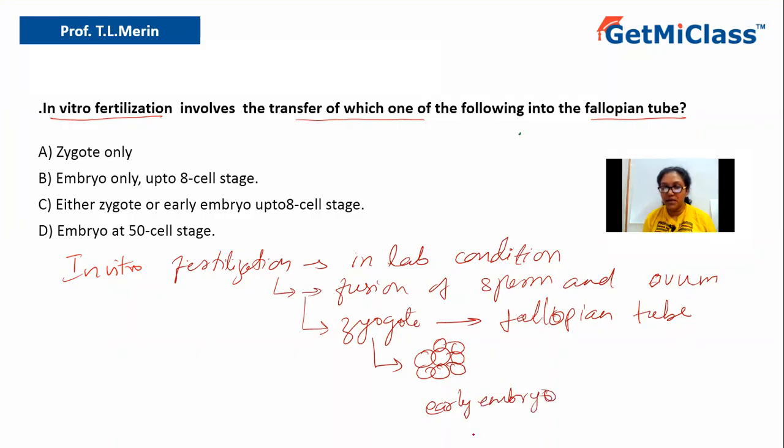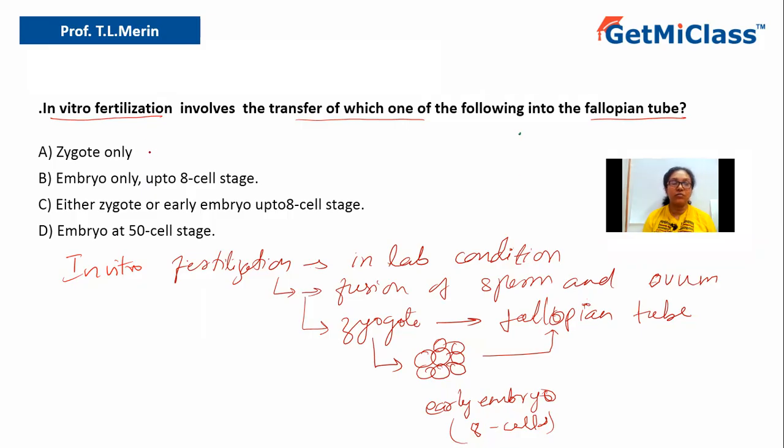Then it will be transferred into the fallopian tube, and further it will move on into the uterus, and further development will happen inside the body of the female. So after in vitro fertilization, the zygote or the early embryo up to the 8-cell stage will be transferred into the fallopian tube. Let us see the options.